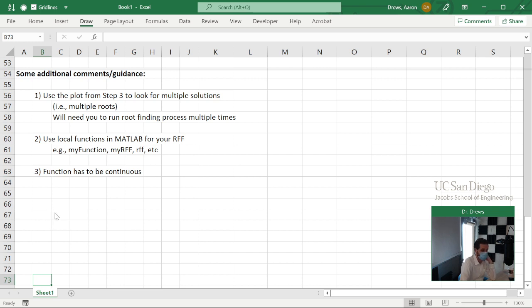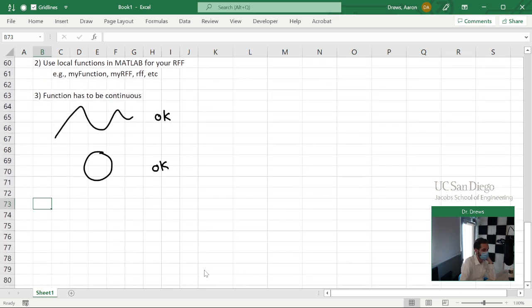I don't remember any of that, but it's fine if it does that. So if you have a function that looks like this, that's perfectly fine. If you have a function that looks like a circle, that's also perfectly fine. It could even be a spiral if you wanted to be weird about it. This is also fine.